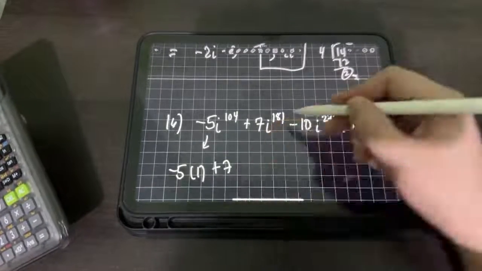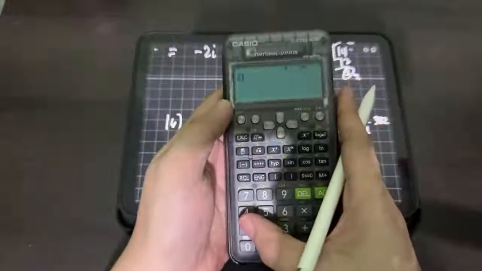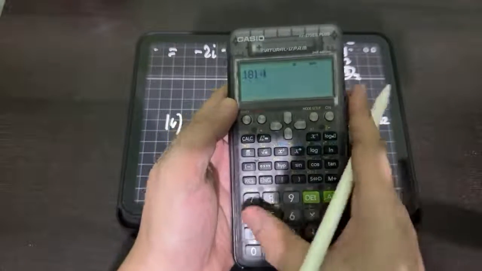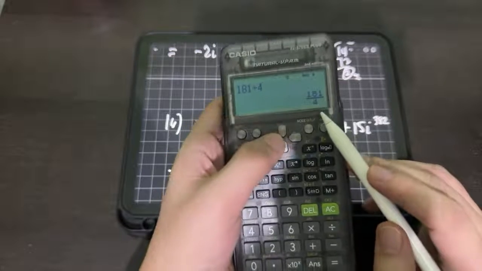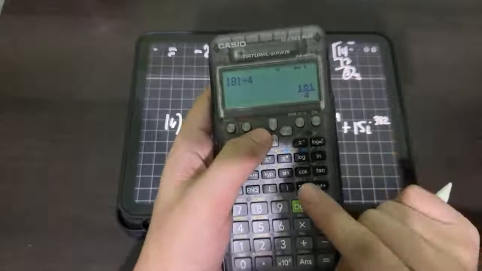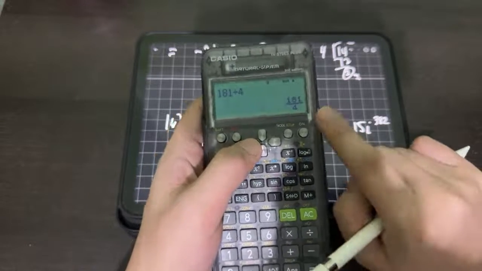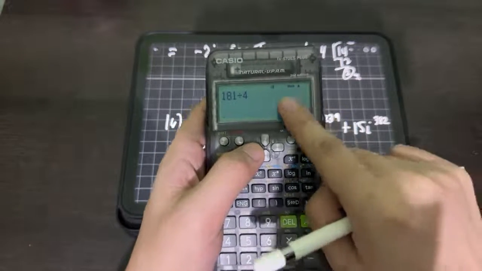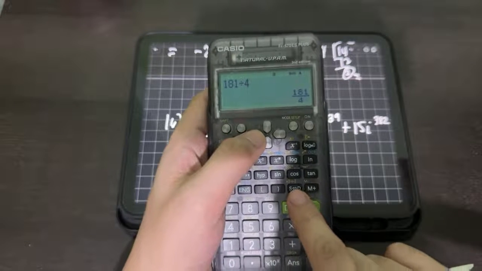Plus 7i raised to 181. So let's divide 181 by 4. This time we have a remainder because it turns out to be a fraction. So the technique to get the remainder when using a calculator, once you have a fraction, transform this into decimal.